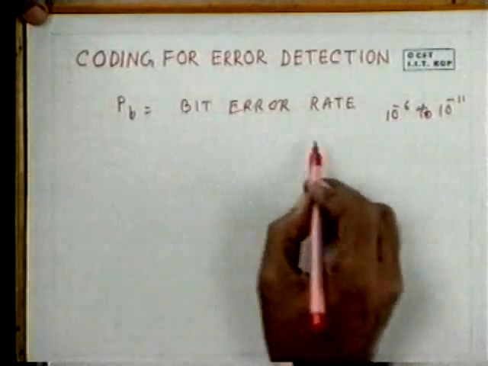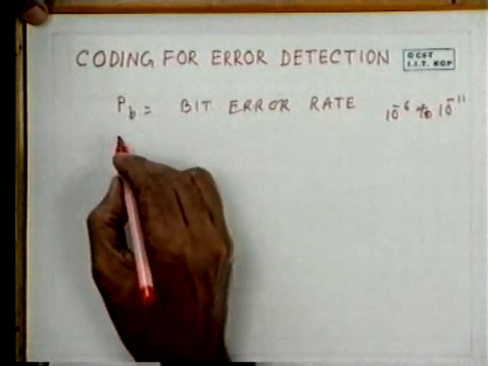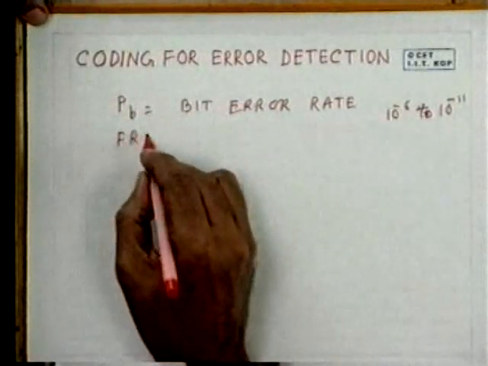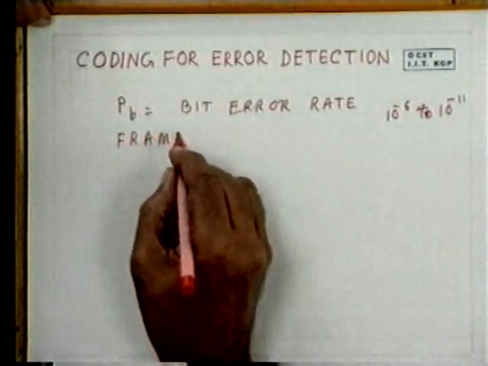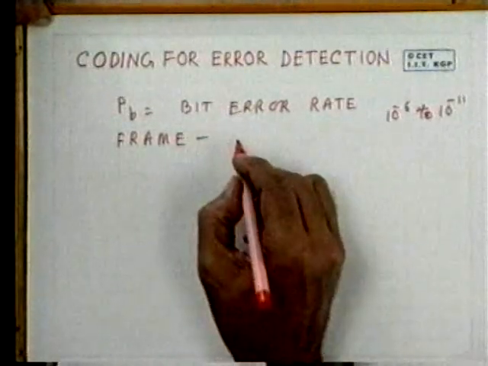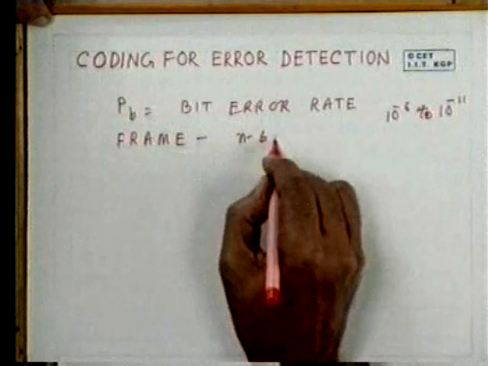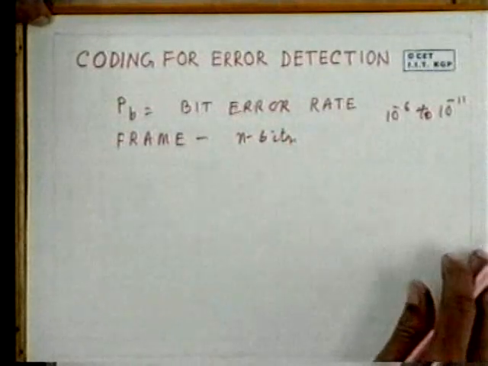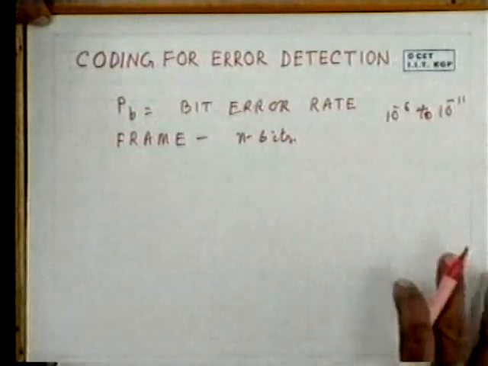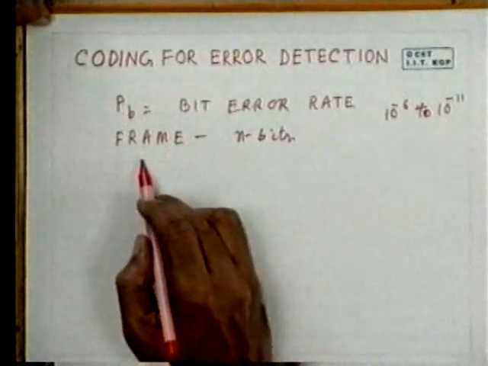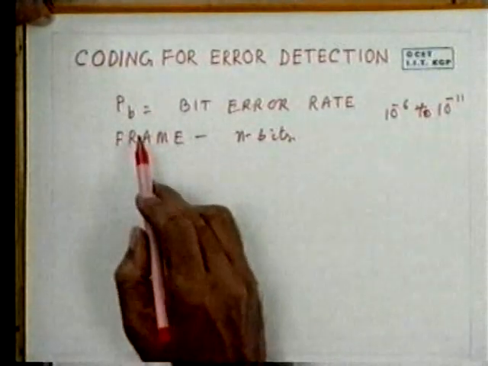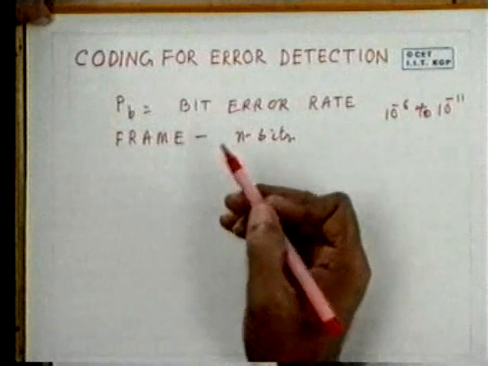Now, usually data is sent in the form of a frame. And a frame comprises, say, n bits. So when you are sending n bits, what is the probability of getting that frame in correct form or incorrect form?